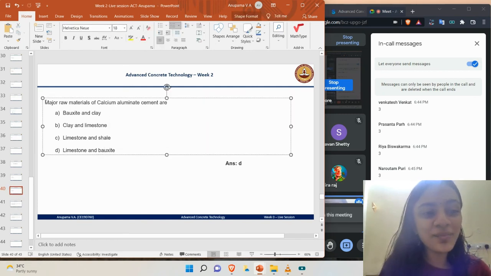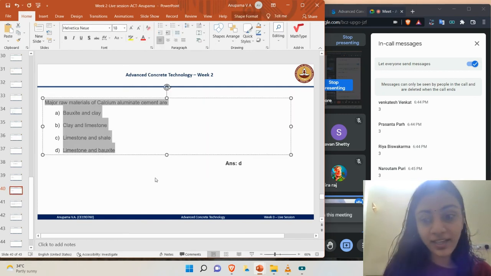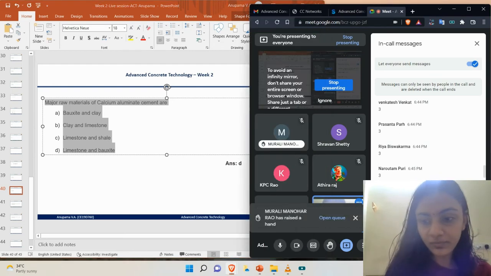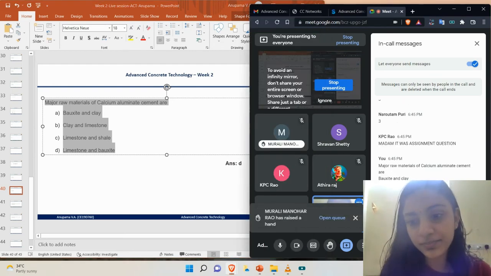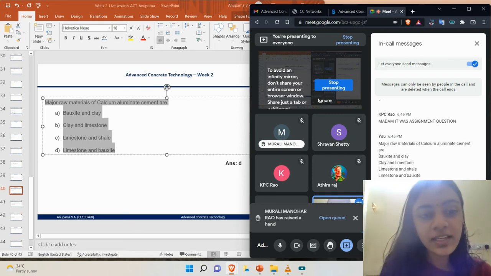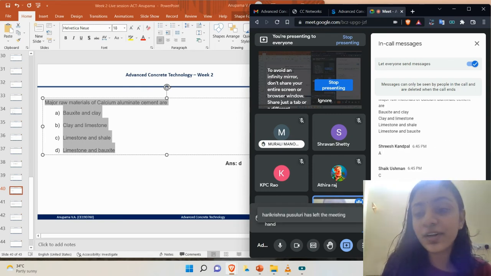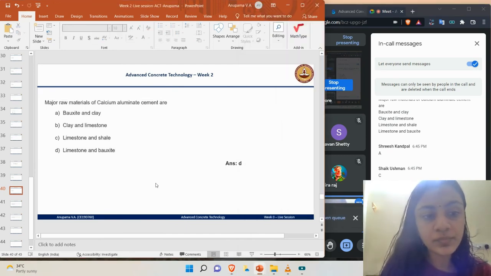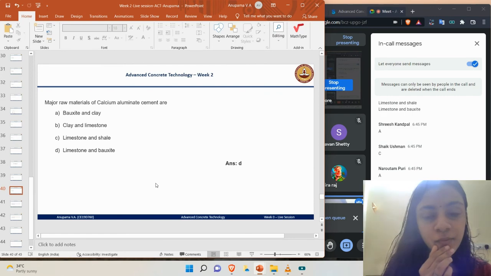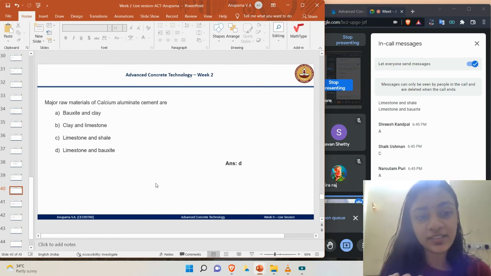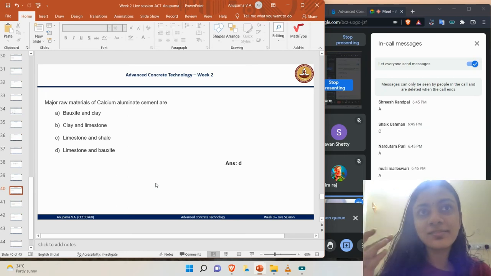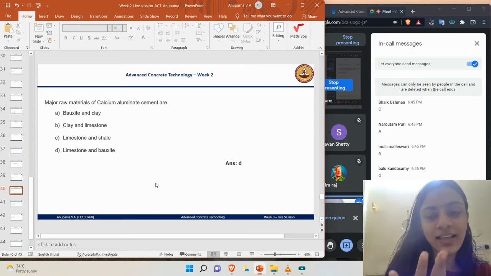The major raw materials of calcium aluminate cement are: bauxite and clay, clay and limestone, limestone and shale, or limestone and bauxite. The catch here is calcium aluminate, so it has to be something which has calcium and alumina.